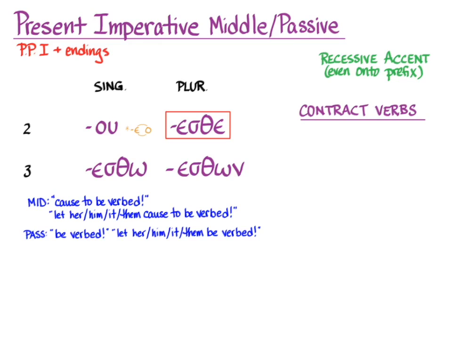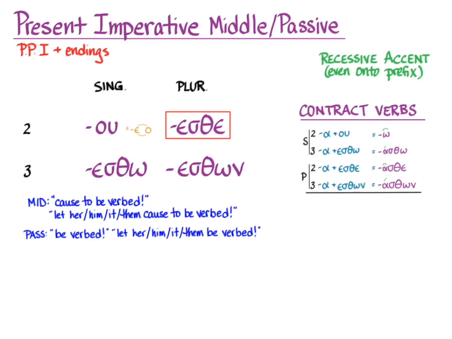If we go on to the endings that you'll need for the imperative of the middle or passive for contract verbs, we're going to get these endings for alpha contract. So you can see the contraction math over on the left side and the resulting endings there. And again, I've gone ahead and put the accent over the ending if the accent is going to end up there in your final form.